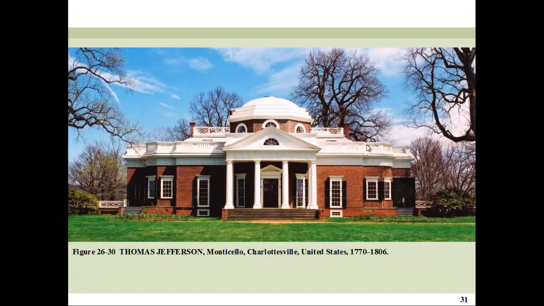The building's simplicity and the combination of temple front and dome remain closer to the Chiswick house than contemporary French architecture. But compared to the Chiswick house, Jefferson's home appears less pretentious, thanks to its humbler building materials of brick, wood, and stucco, as well as because of its smaller scale and lower profile.